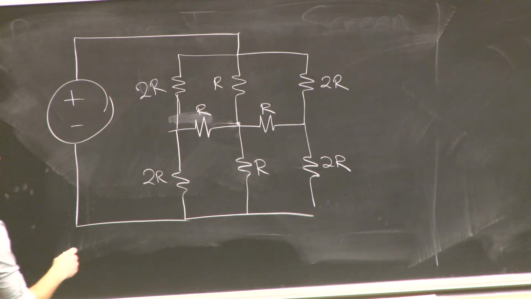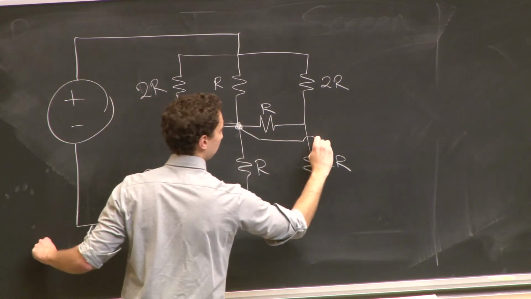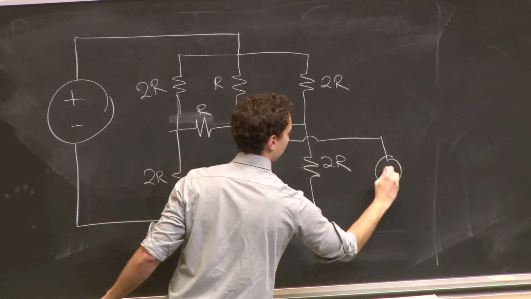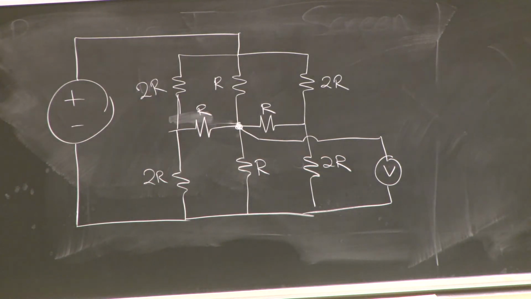Where the voltage I'm trying to measure is still right here, right? So this is my voltmeter connected to that center node. Okay? Now what? This is pretty grim, right? Are there any resistors that are in series or parallel?